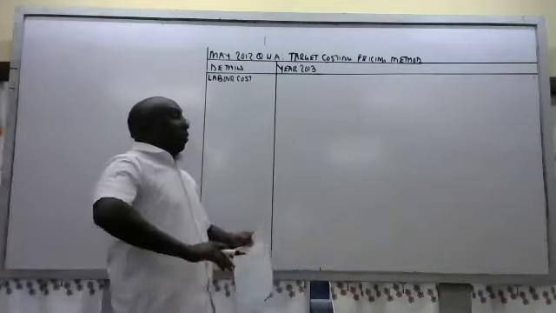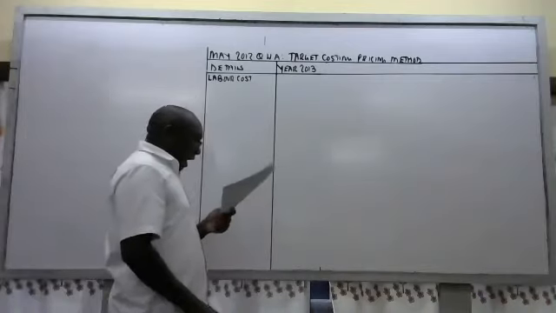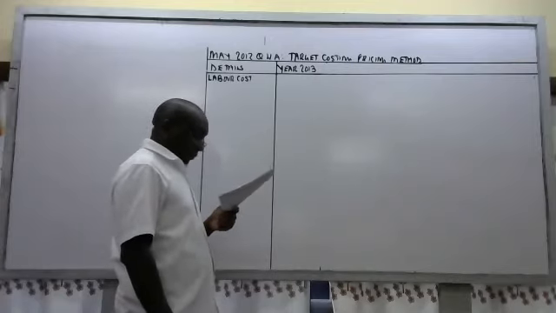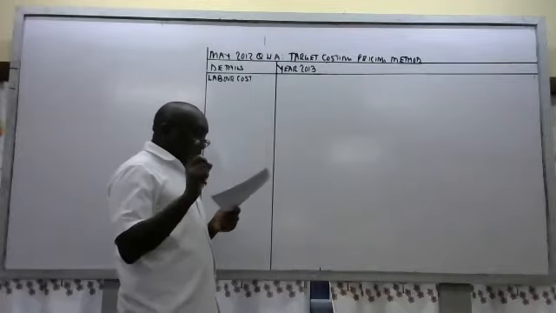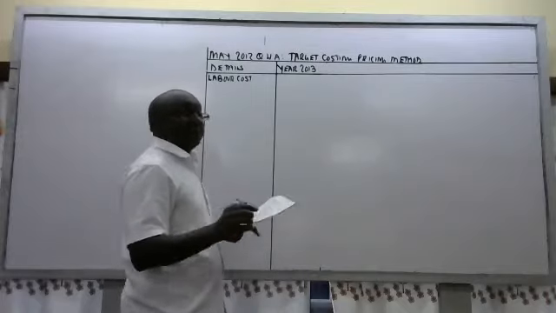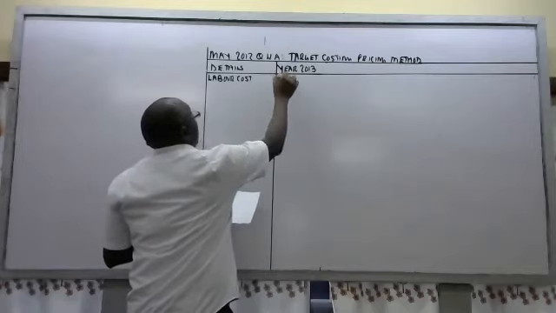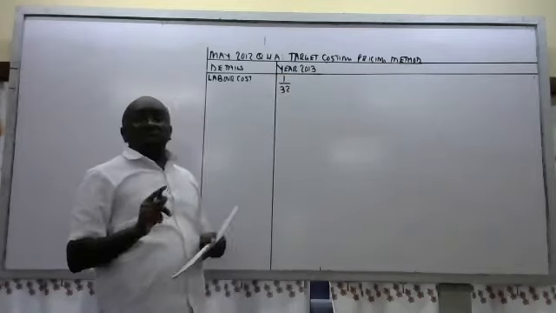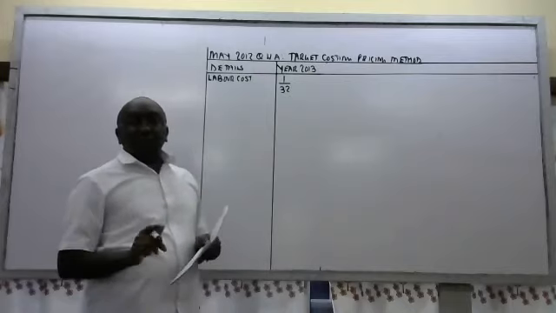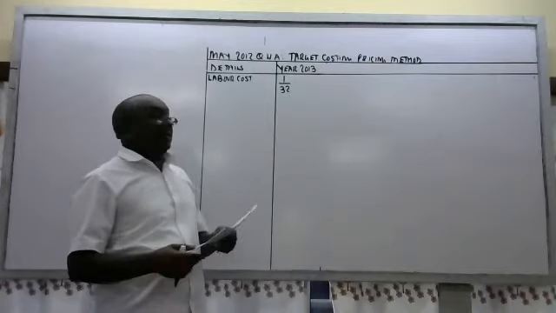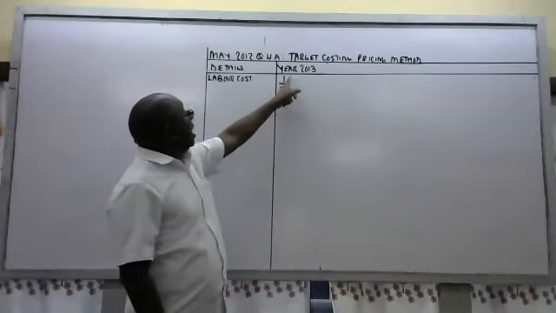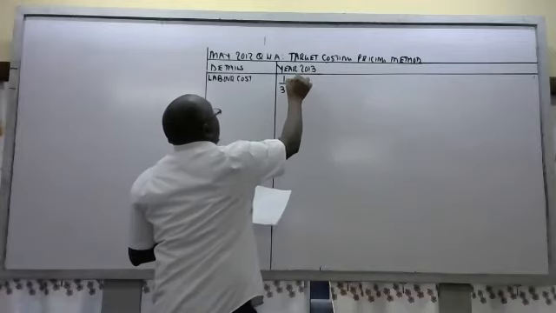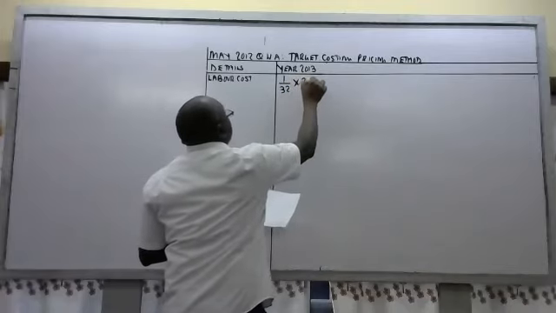So one hour we are paying 240. So we need to know one unit requires how many hours. So that will be 1 out of that 2, because in 1 hour we are making 2 units. So 1 unit is taking 1 out of that 2 hours. So you multiply this by 240.